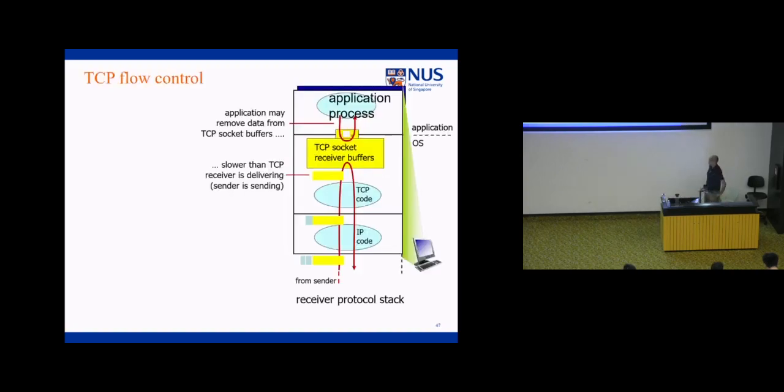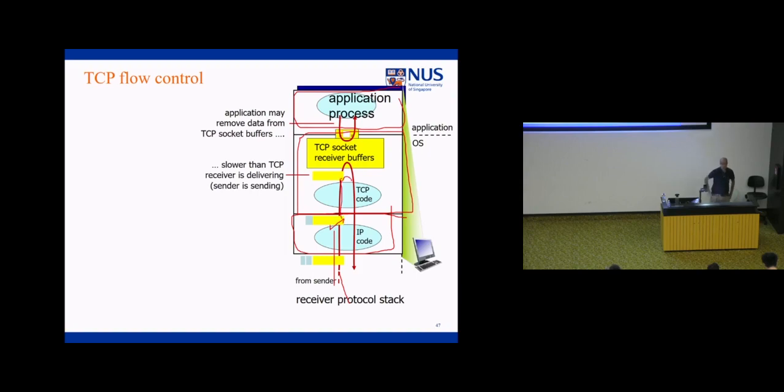So if you look at what's happening at a receiver, again, we can look at the layers. At the very top, you have your application running. Then you have your transport. And then you have your network and other layers, right? So at the receiver, the physical layer will get the data, give it to the link layer, then give it to the network layer.